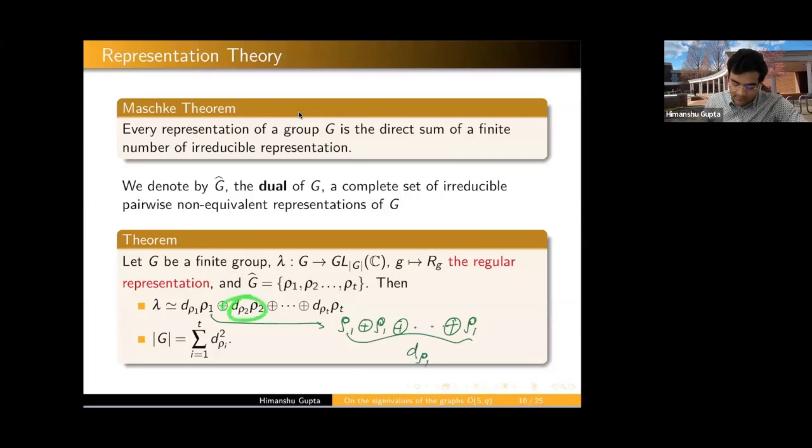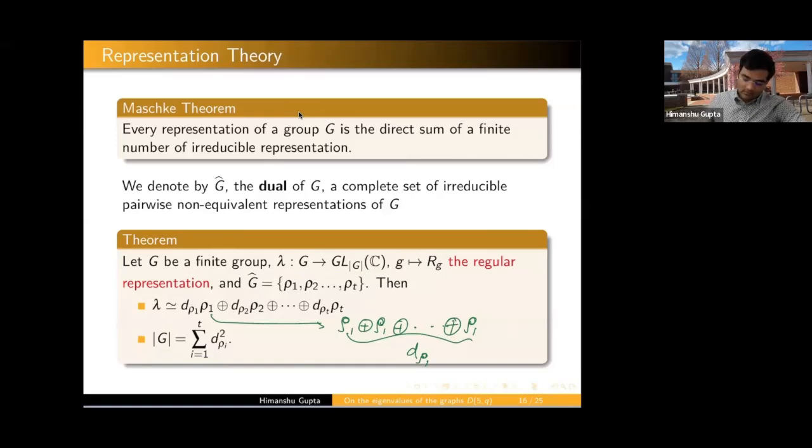And the same goes for the others. So again, we can write the regular representation as a direct sum of these. That also means, because the degree of the regular representation is the same as the order of the group, that it is going to be the sum of squares of these degrees.